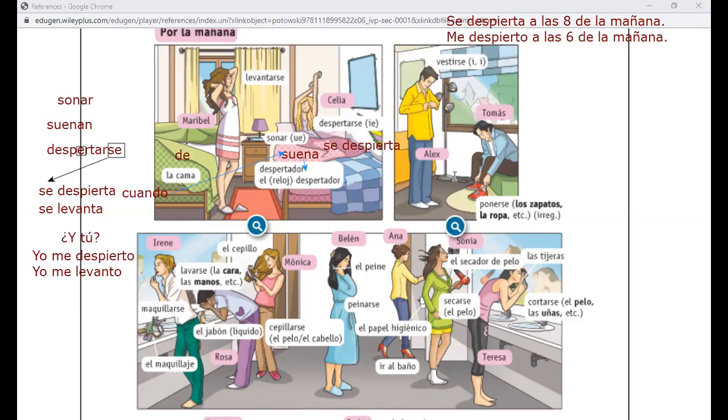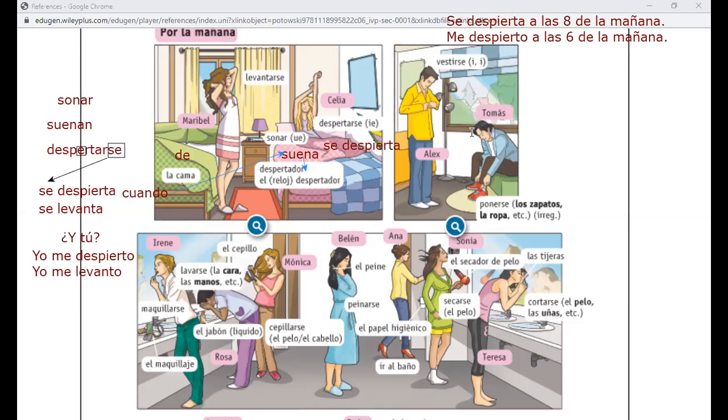But some people se despiertan, miran, piensan, después se levantan de la cama 30 minutos después. ¿Sí? Okay. ¿Alguna pregunta? No, profesor. Ok.